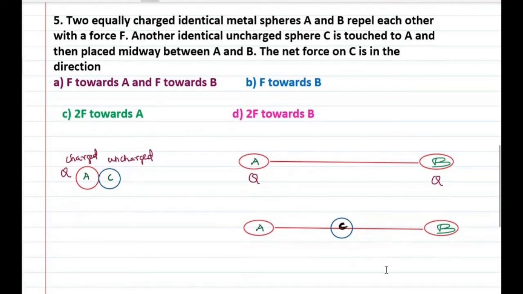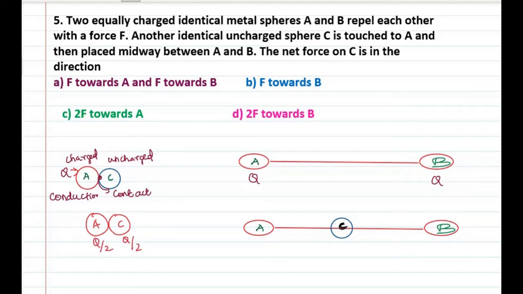Now, due to this conduction, charging by conduction, because they are touching, they are in contact. So what happens? The charges will be equally distributed. Q, the charge at A, will be equally divided between A and C, Q by 2, Q by 2.